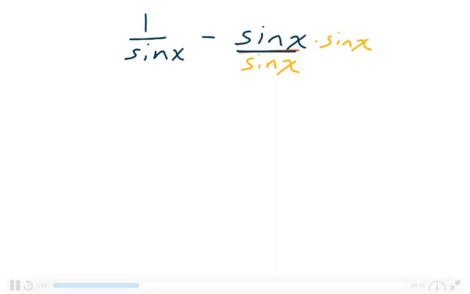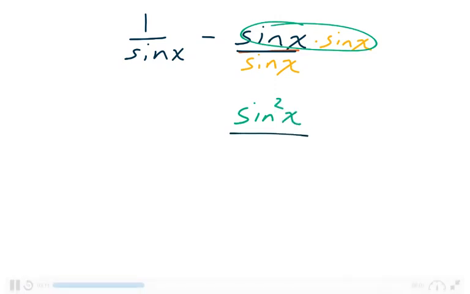Now, look what happens particularly when you multiply the top by sine. Yes, you get a sine squared. So when I multiply the top by sine, I actually get another sine. Again, that gives me a sine squared. Now, I still have this 1 over sine. Of course, it was a fraction to begin with.